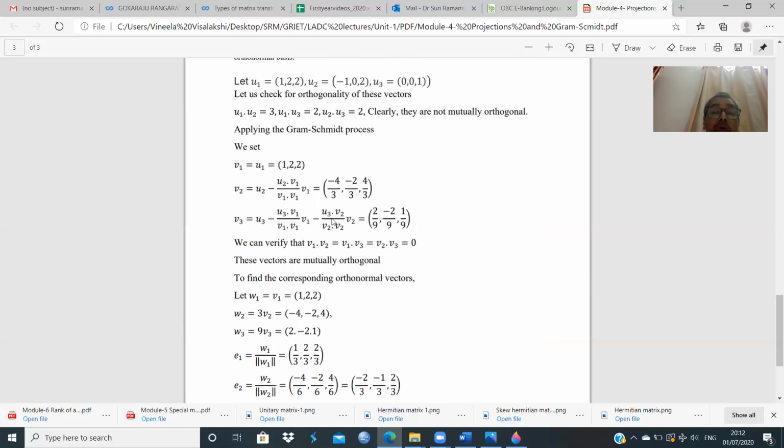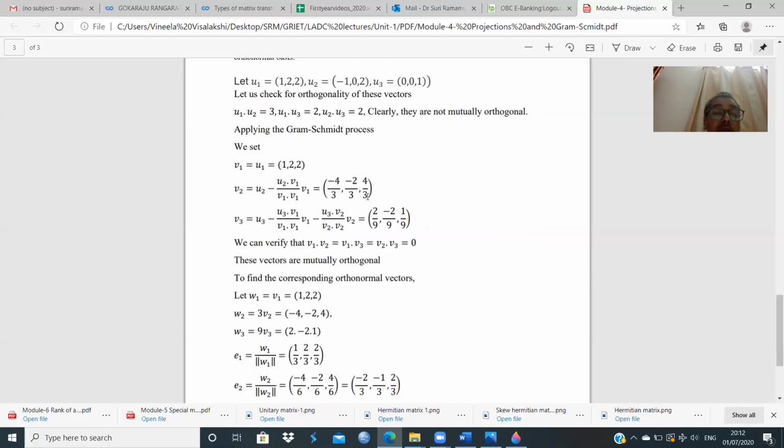Now we would like to go further and transform them into orthonormal vectors. So let the new vectors that we construct be w1, w2 and w3. w1 will equate to v1, so that is (1, 2, 2). But if you observe v2, the three components are fractions with denominator 3.